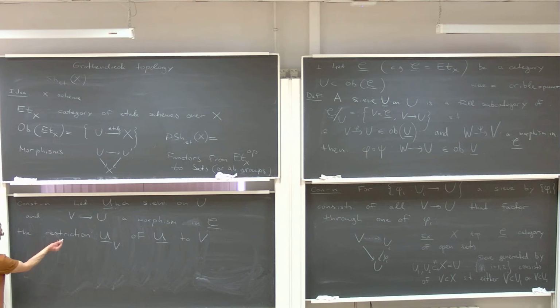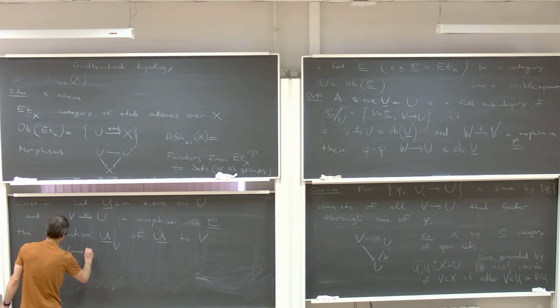We need some names. So this will be phi. It is the set of all morphisms W to V, right?